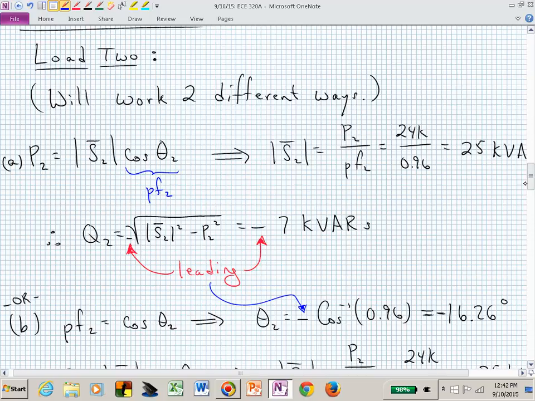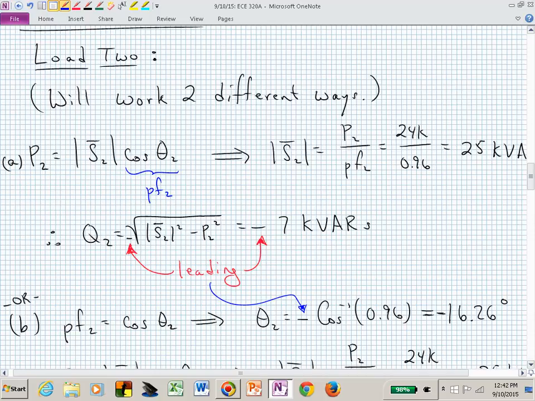Load 2, we worked. Let me work it two different ways. A way is just like we just did for load 1. Divide the power factor into the real power to obtain a hypotenuse of 25. This was now a leading load, or a capacitive load.